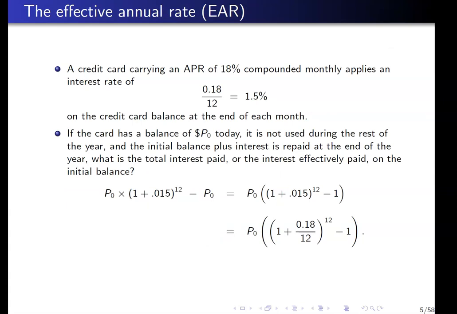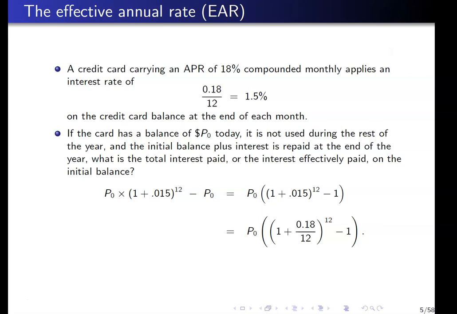The effective annual rate is the total interest paid during a year. So if a credit card quotes an APR of 18% compounded monthly, it applies a monthly interest rate of 1.5%. At the end of the year, how much will be paid in interest by the holder of the card?